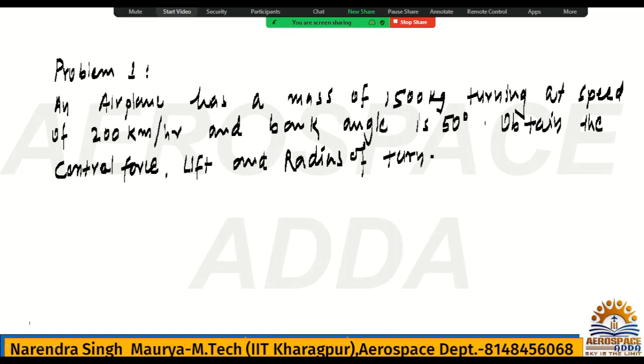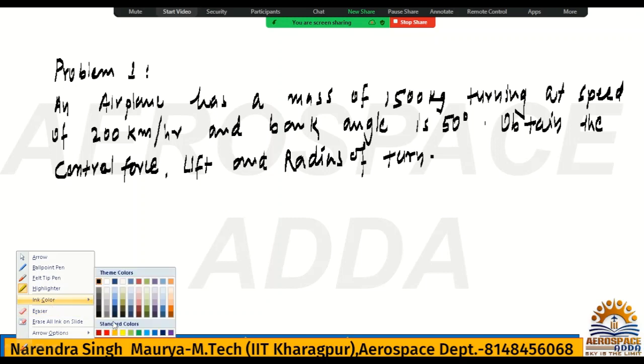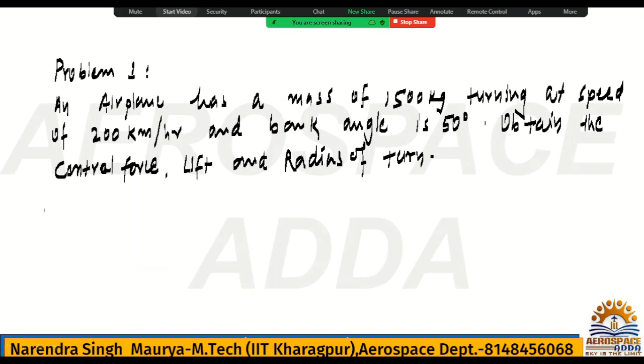So directly this is a question based on formula only. Check what data they have given to us. Mass they have given is 1500 kg.